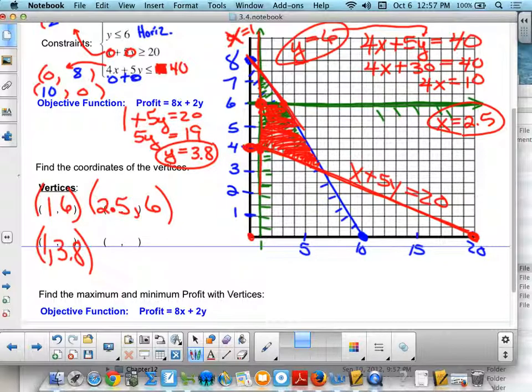Now, the two diagonal lines. This diagonal meets up with this diagonal. Now you've got to take this right here and match it up with this one up here.